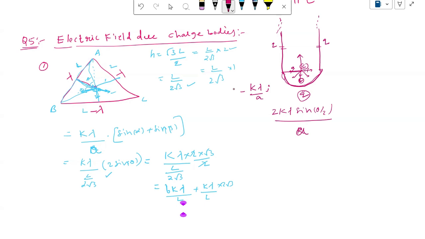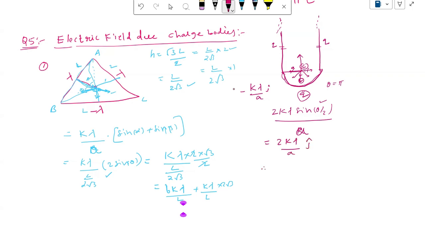we have to take the arc, right? Pi by 2. The theta is here what? For this arc, theta is pi. Here theta is pi, the angle of the arc. Then sine pi by 2 is how much? 1. That equals 2 k lambda by a j cap, of course.